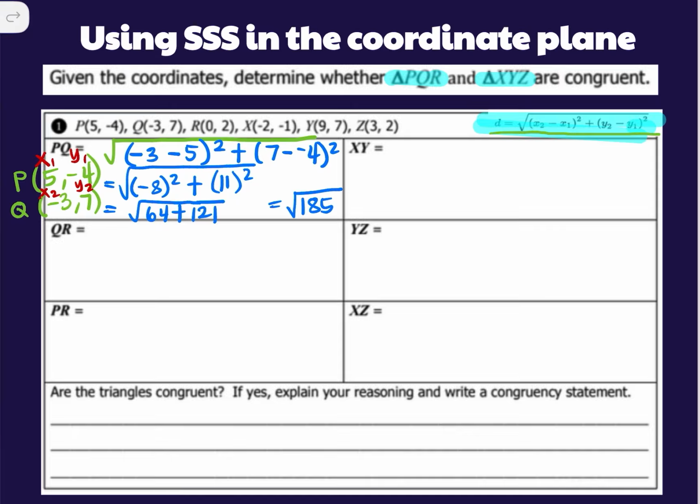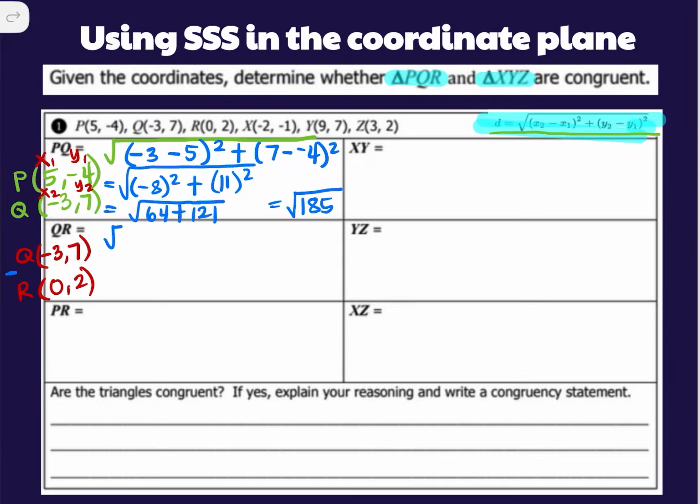So we have Q with -3 and 7 as coordinates, and then R with 0 and 2. I am going to introduce a different way of finding the distance aside from using the distance formula, and we should be able to get the same answer.